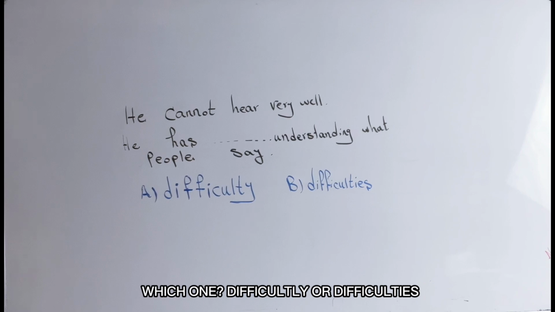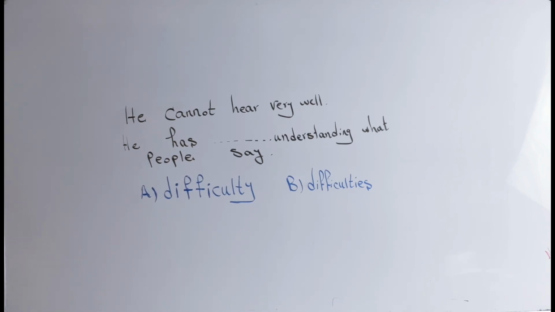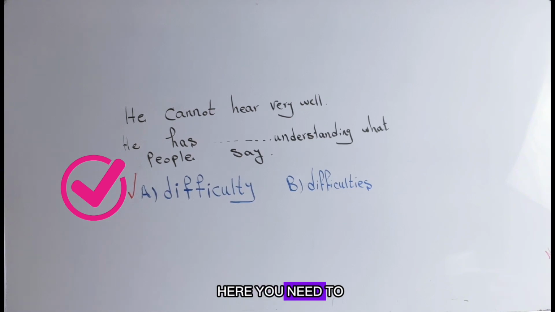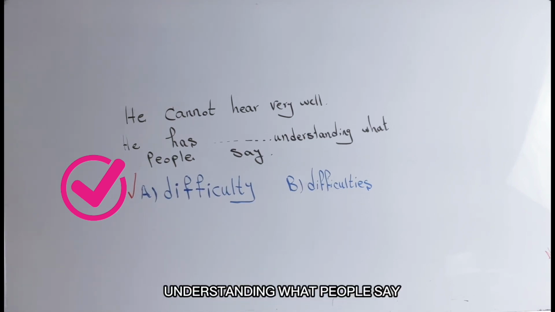Which one? Difficulty, difficulties. Here, you need to choose difficulty because it is something which is not easy to do and which is not easy to understand. So he has difficulty understanding what people say.